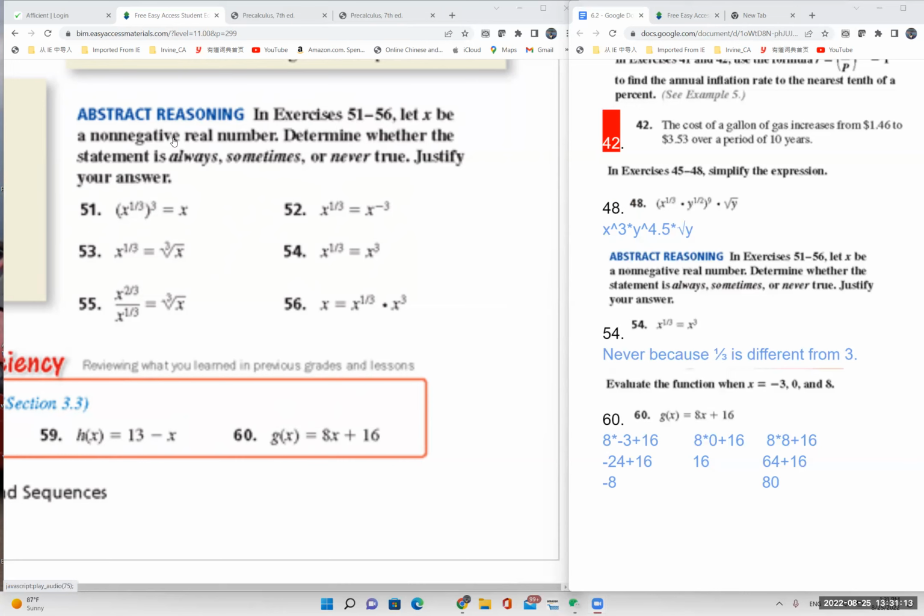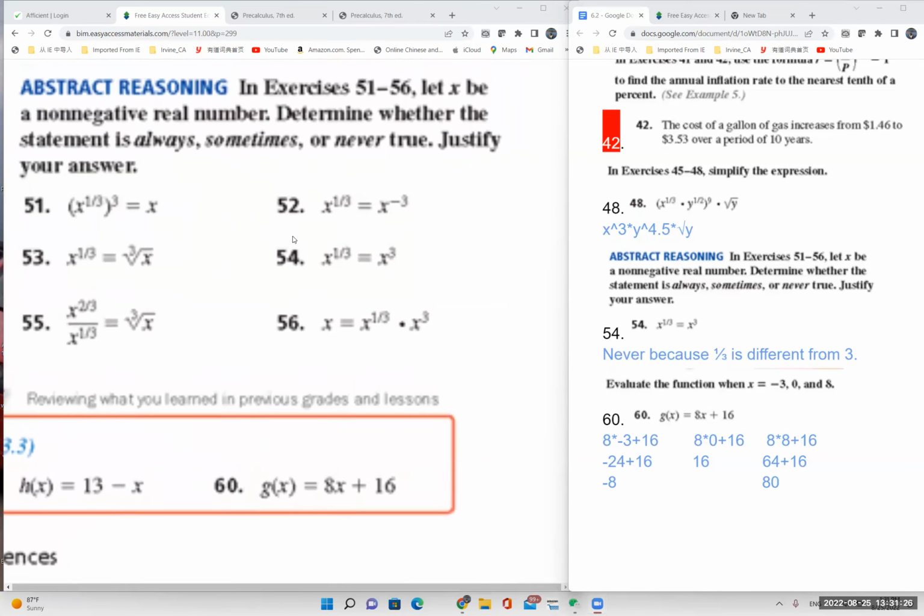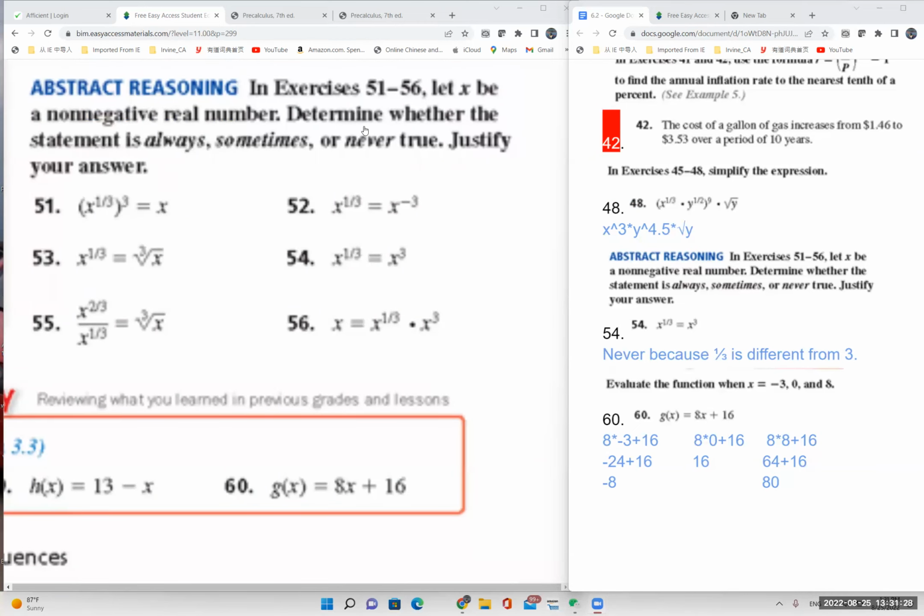Non-negative real number. Determine whether the statement is always true, sometimes true, or never true. Justify your answer. Since it says x is a non-negative real number, that means x can be 0, right?